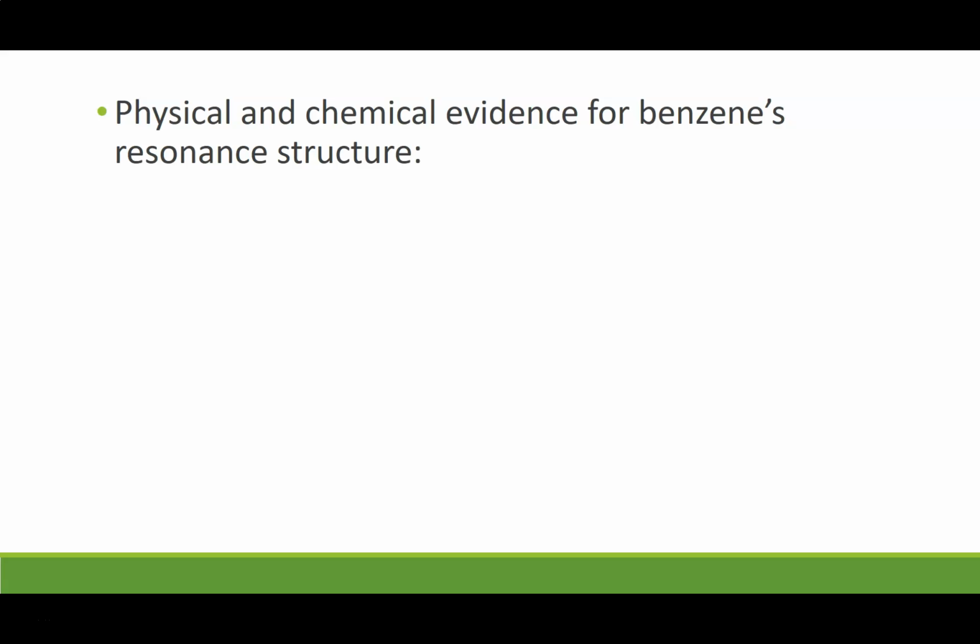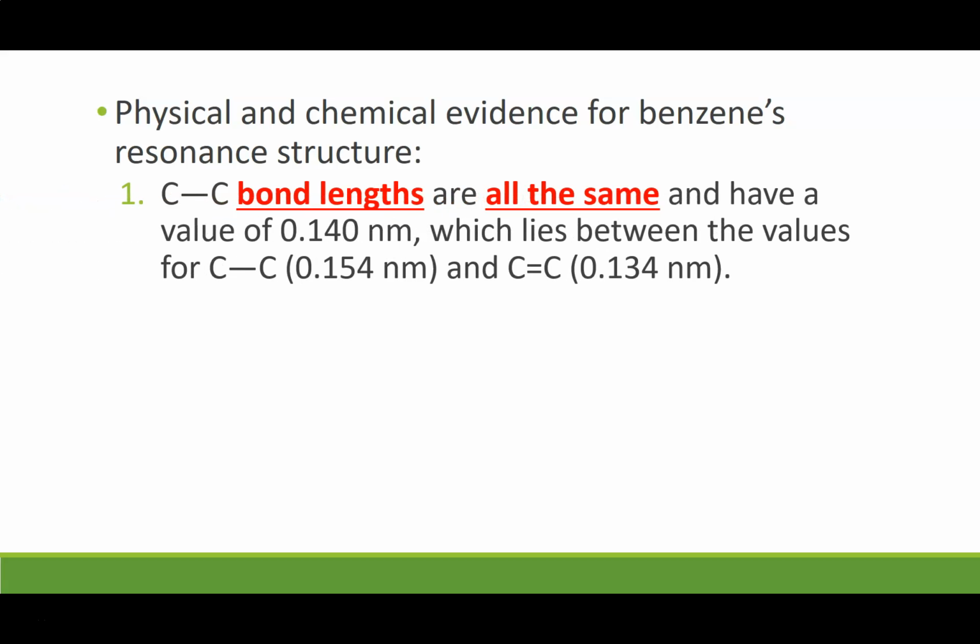We have several pieces of evidence that tells us that benzene is actually a resonance structure and does not have the alternating single and double bonds. The first is a physical evidence. You should recall from topic 4 that single bonds are longer than double bonds.